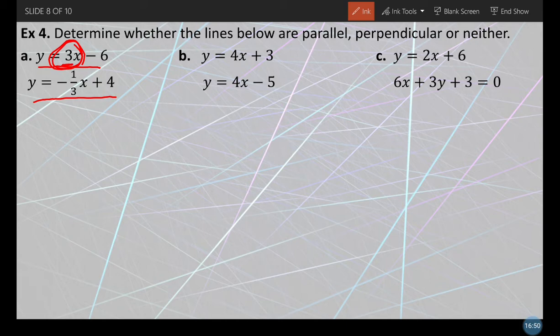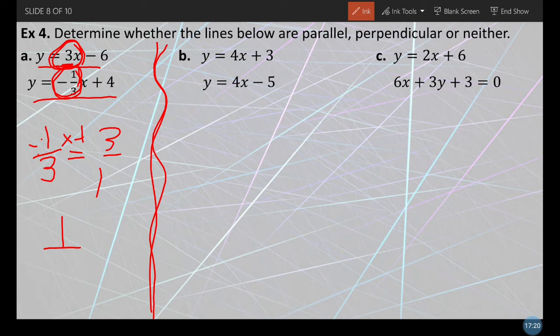So the slope here is a 3, and the slope here is a -1/3. Well, I know for sure they're not parallel because they would have to have the exact same m value, which isn't happening here. Are they negative reciprocals of each other? Yeah, they are, because if I take -1/3 and flip it and times by -1, I would get 3/1. So these ones are perpendicular.